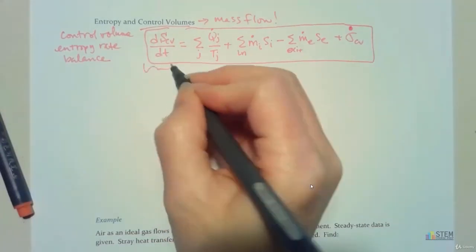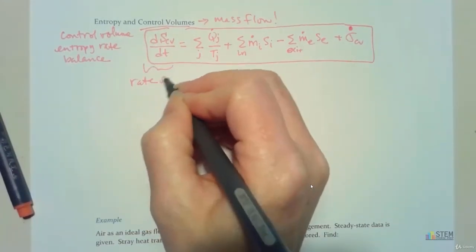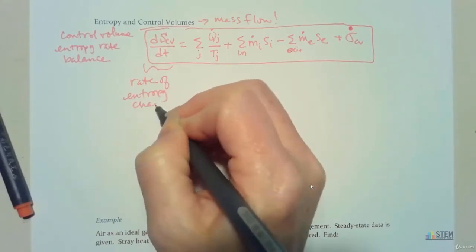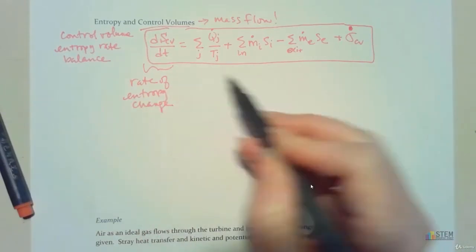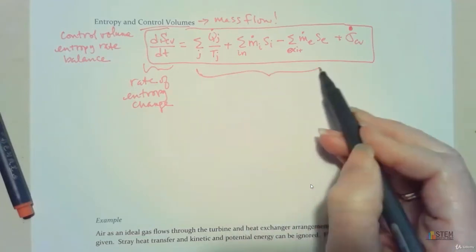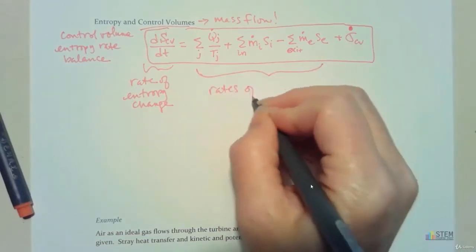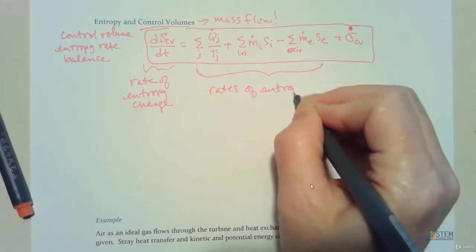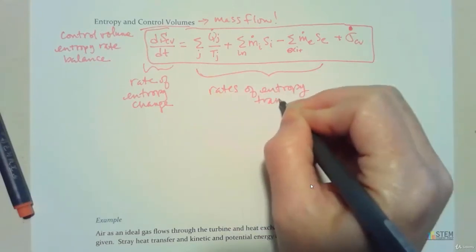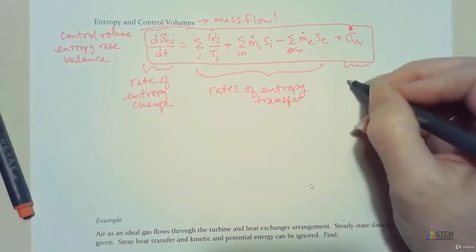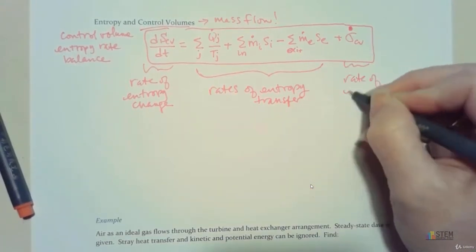This left-hand side, that is the rate of entropy change. So we've got that. The right-hand side, these first three terms, they go together. These are the rates of entropy transfer. And then finally, this last term, that is the rate of entropy production.